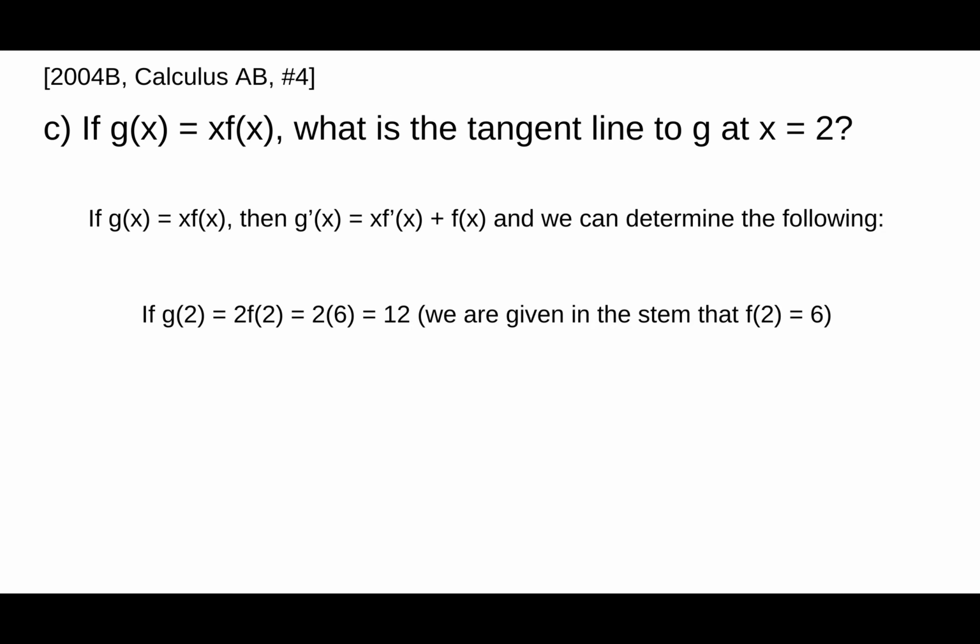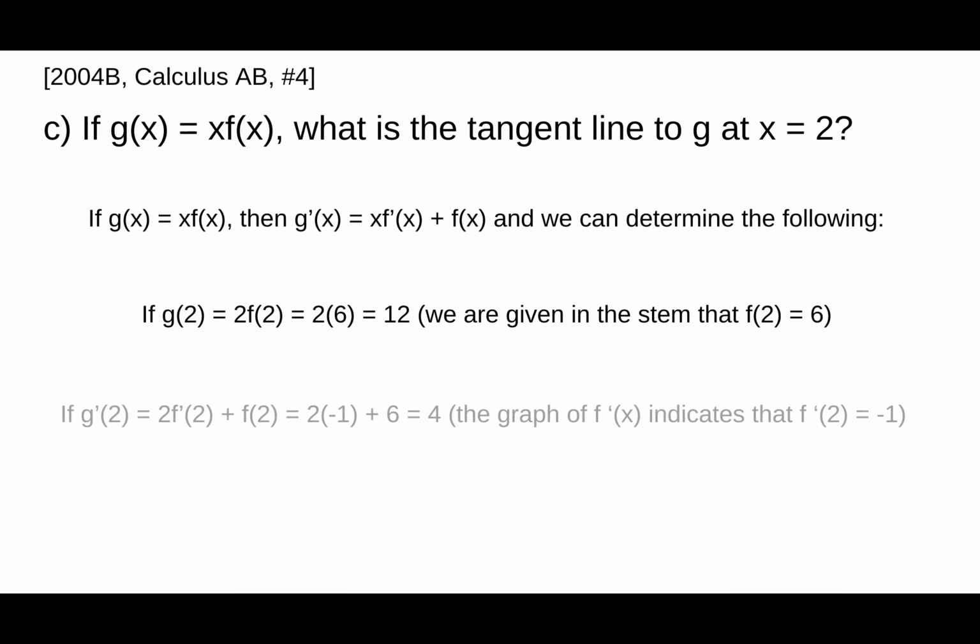Well, g of 2 is 2 times f of 2, which is 2 times 6. That's 12, so g of 2 is 12. And I can also find g prime of 2. G prime of 2 is 2 times f prime of 2 plus f of 2.